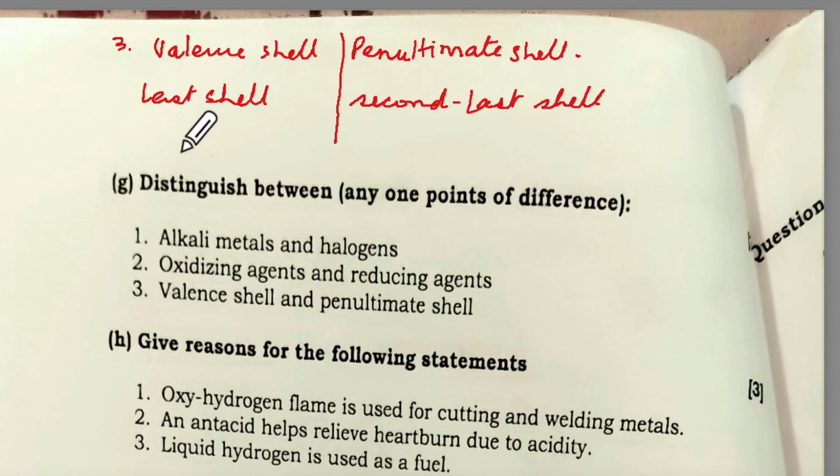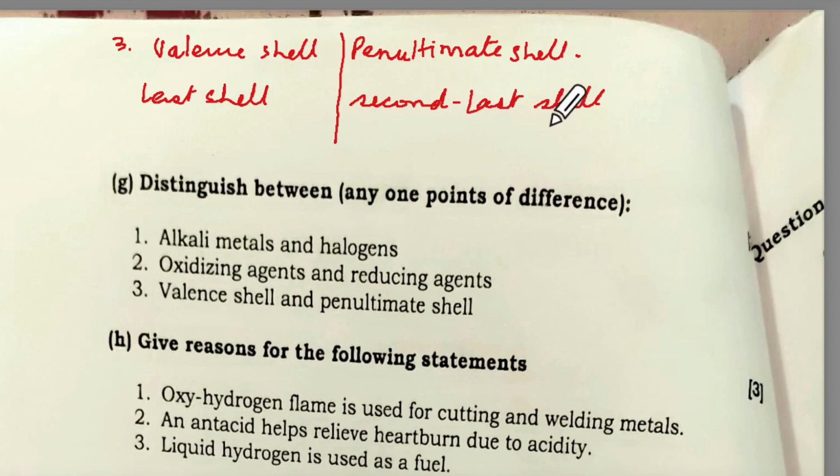Now this is the obvious one, but the second last shell cannot have more than 8. It will have 8 electrons.